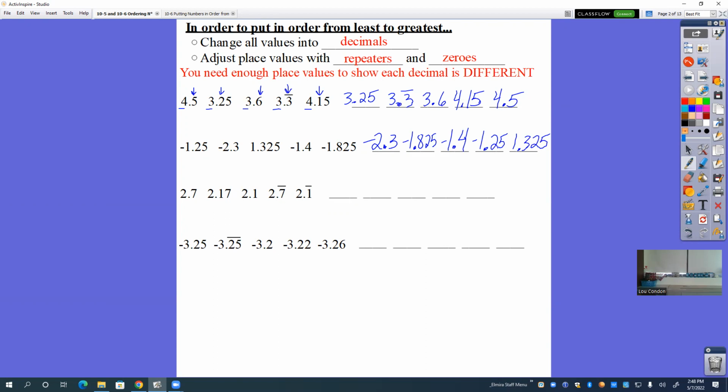Okay, and then the next example, again, these are positive numbers, so the smaller the number, the least is the least value.